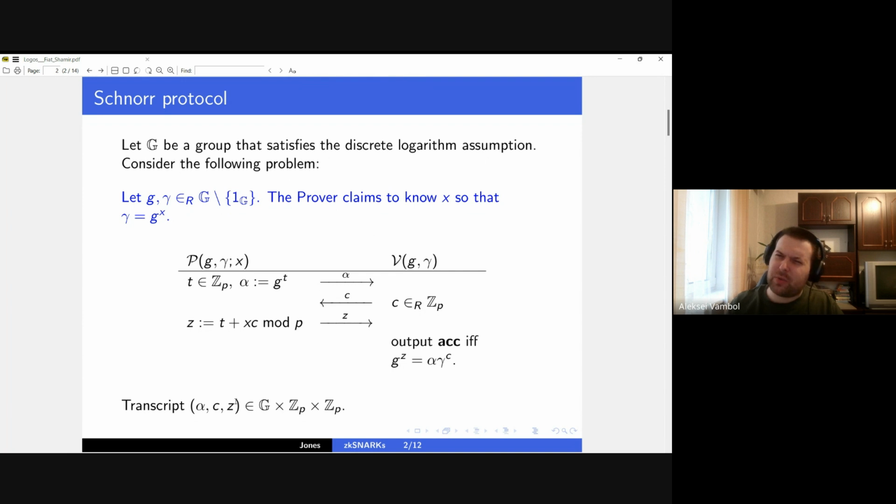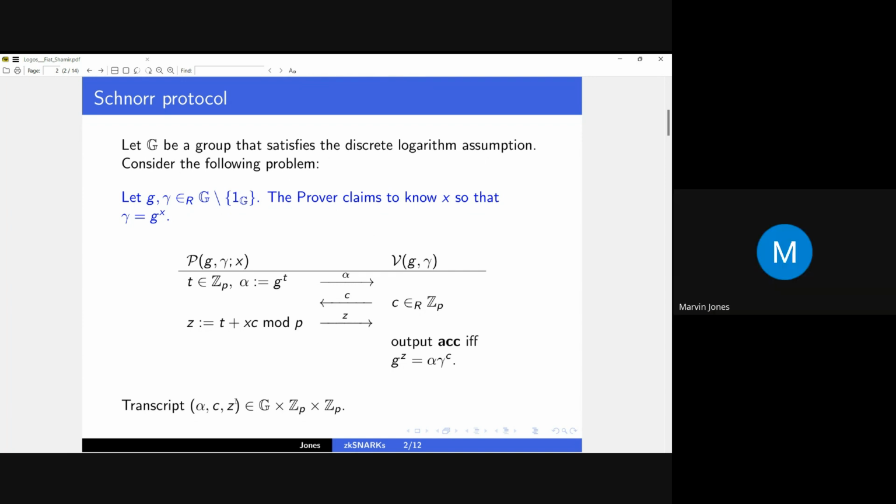Could you repeat that? With your definition, the forking lemma would become a little awkward, because the forking lemma is basically a check for soundness. What you do is you rewind at each challenge, because with the Schnorr protocol, if I rewind from here and I offer another challenge C prime, I'm able to extract the witness.